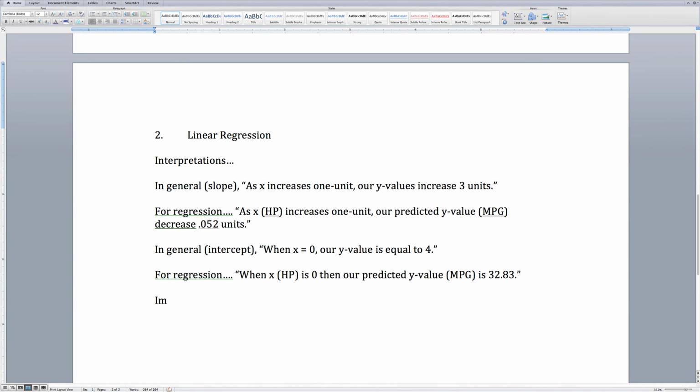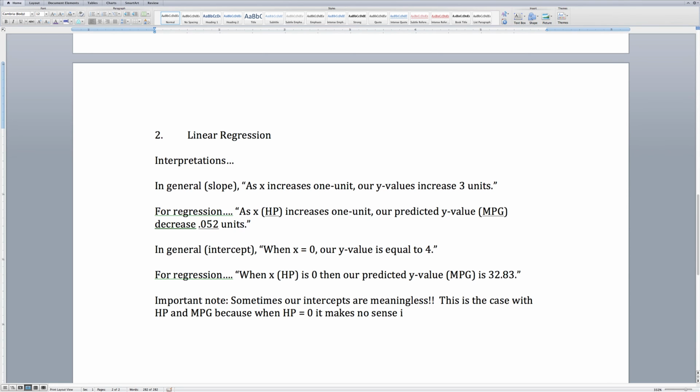Now, important note. Sometimes our intercepts are meaningless. This is the case with horsepower and miles per gallon, because when horsepower equals 0, it makes no sense in the context of our problem.